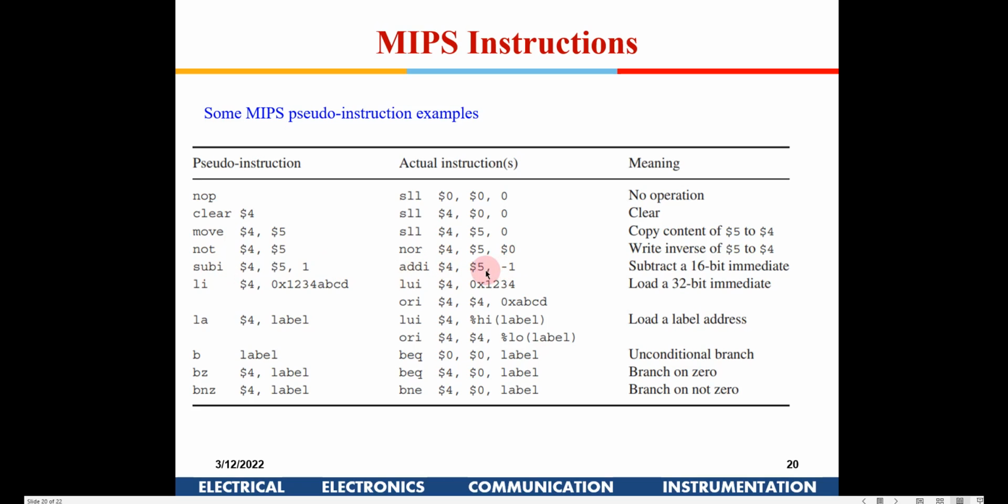For example, if I write sub with target register 4, I have to subtract 1 from the contents of register 5. That is what I want to do. So what the compiler does is write an ADDI 4, 5, minus 1.